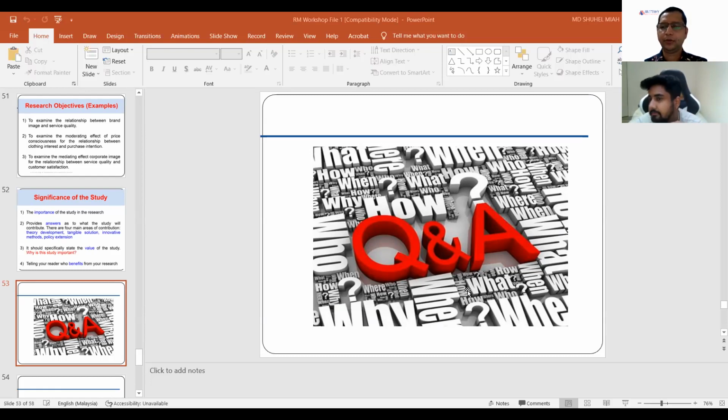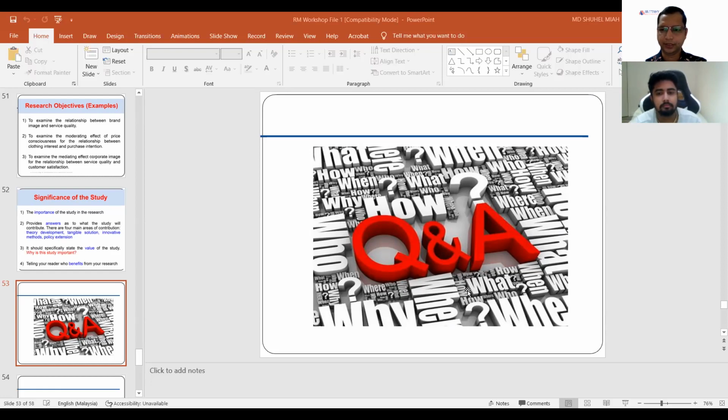In the same area, what has been done and what needs to be done. What needs to be done is your research area, right? So we have shown different types of research gaps. You have knowledge gap, theoretical gap, new knowledge gap, practical gap, etc.